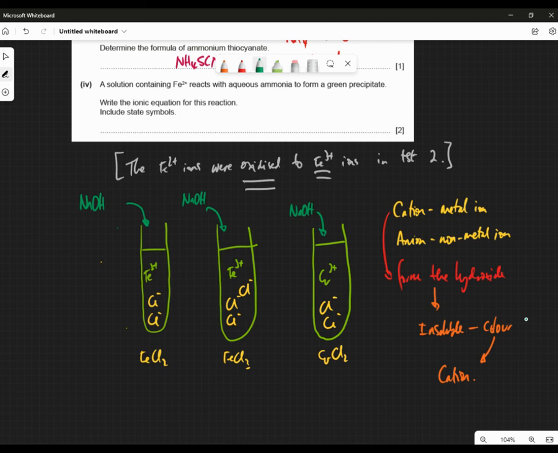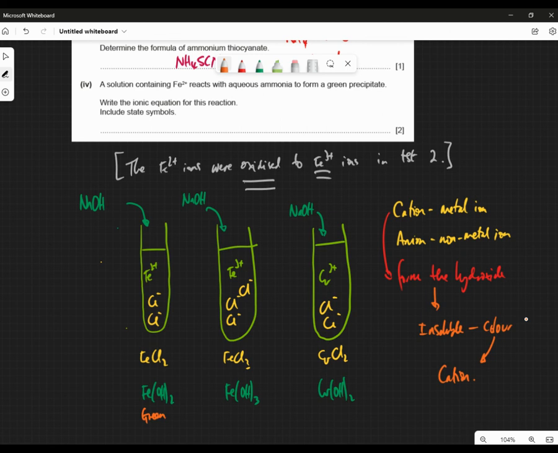Okay, now because iron 2 hydroxide is insoluble, we get a precipitate of iron 2 hydroxide. Because iron 3 hydroxide is insoluble, we get a precipitate of iron 3 hydroxide. And because copper 2 hydroxide is insoluble, we get a precipitate of copper 2 hydroxide. Now, why is that useful to us? Well, iron 2 hydroxide is a green precipitate, even though I'm writing it in this color.